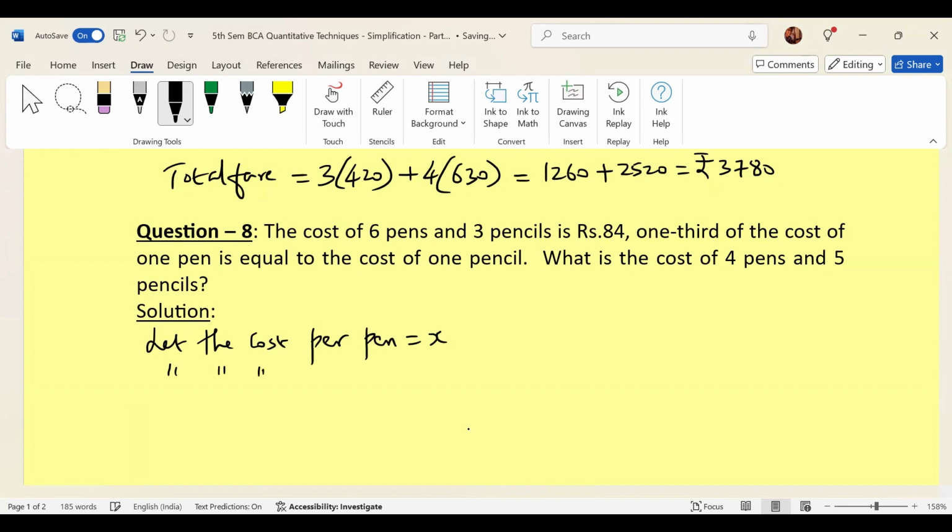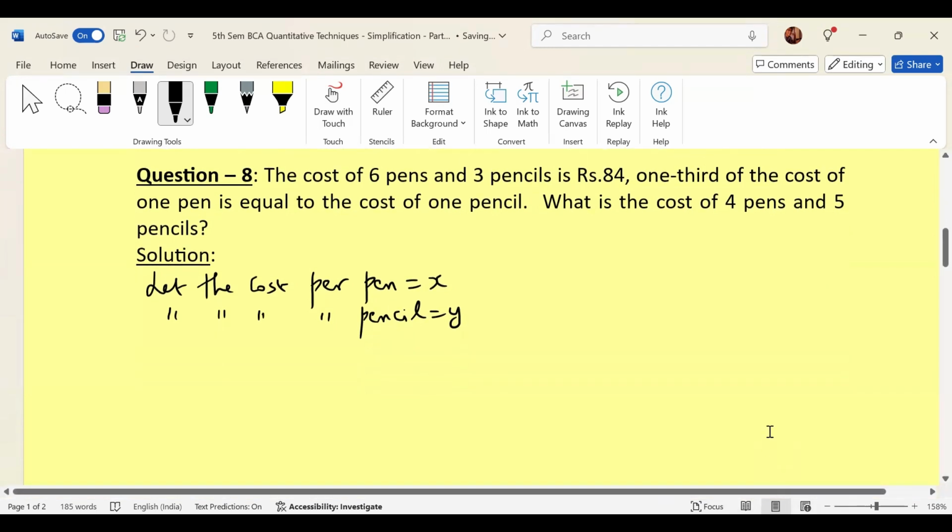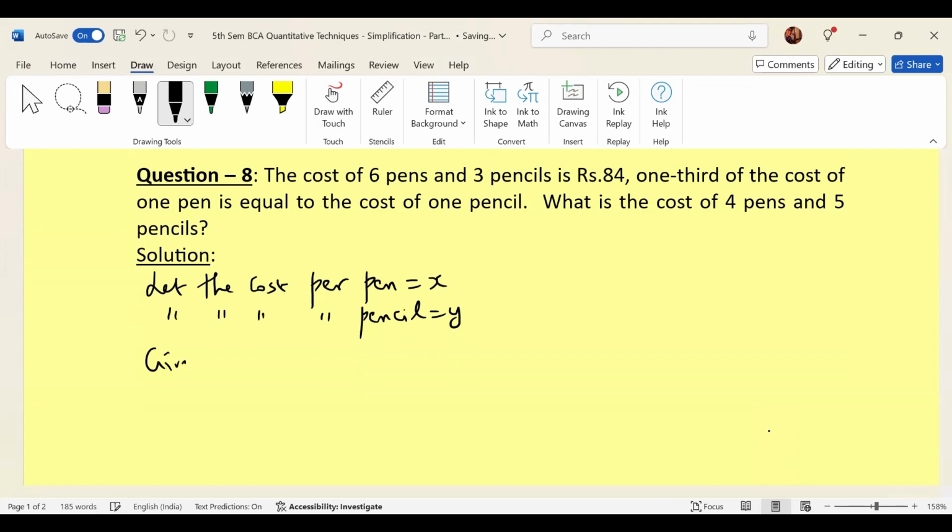Let the cost per pencil be y. Now they say cost of 6 pens. That means given 6 pens, that is 6x plus 3 pencils, 3y equal to 84. Consider this as equation 1.